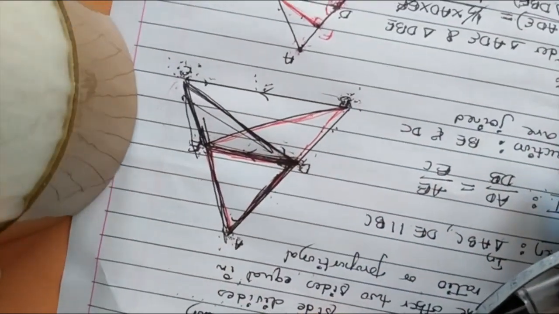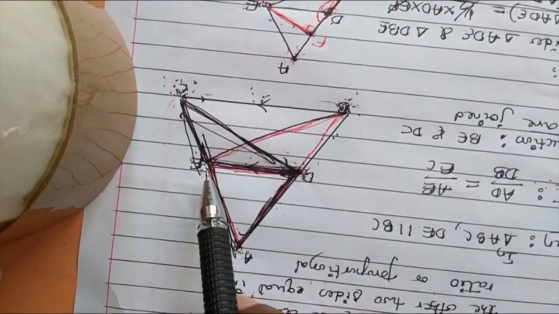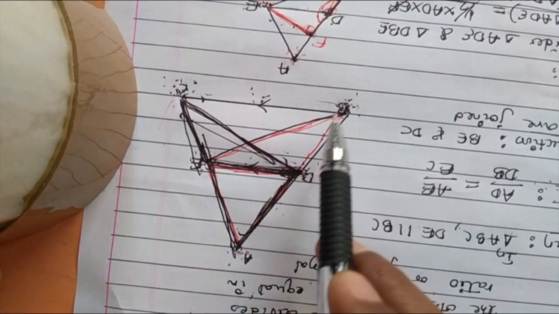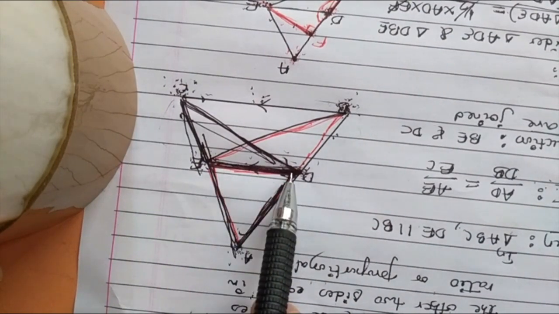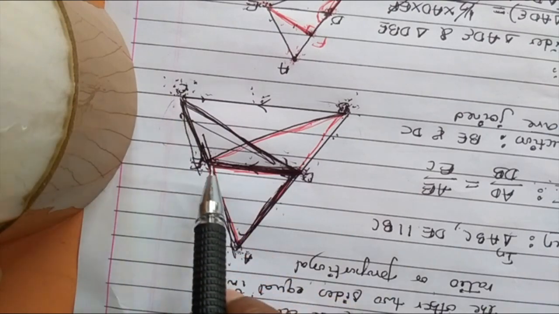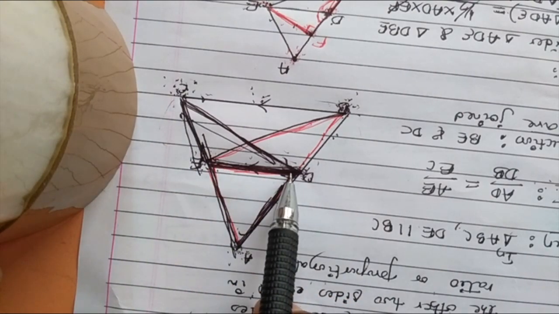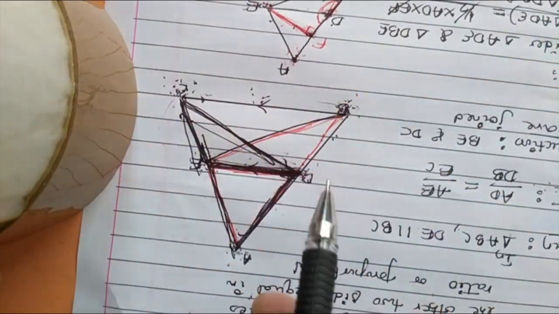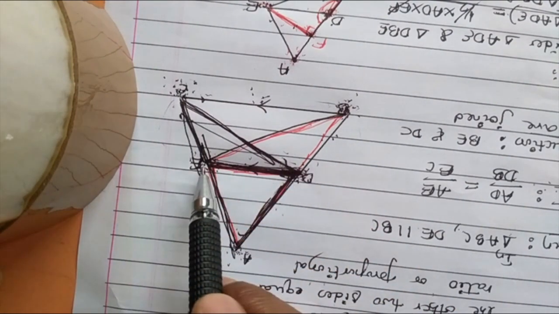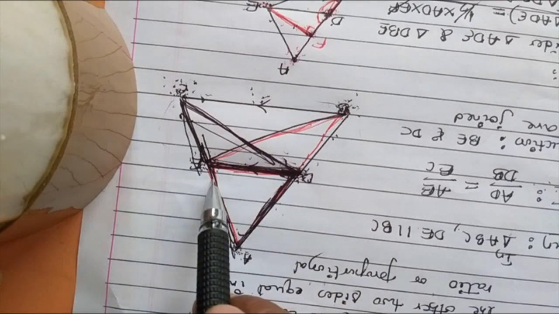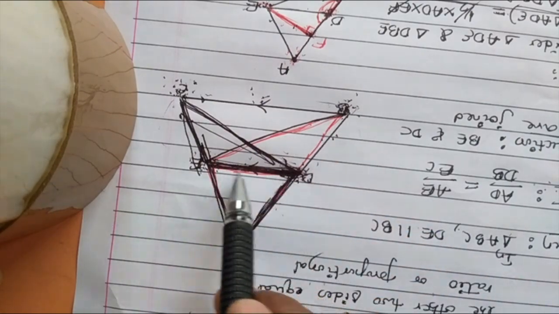You invert the diagram and check. DBE triangle is standing on DE. DCE triangle is standing on DE only. Both the triangles are lying on the same base.